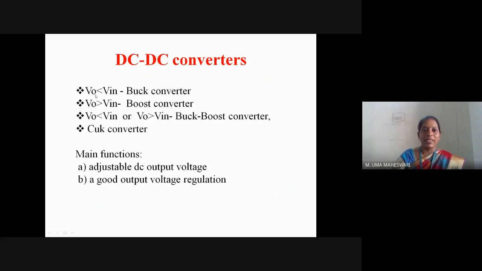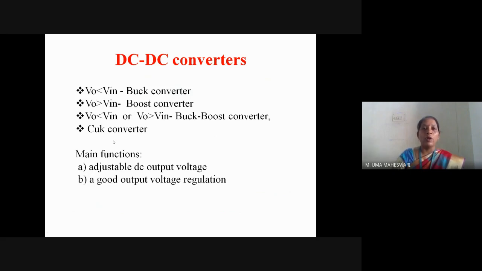Here you can see the expression in terms of V output and V input. The step down chopper is also known as buck converter, where V output is lesser than V input. The output voltage lesser than input voltage is known as step down chopper or buck converter, and the output voltage greater than the input voltage is known as boost converter, or step up chopper.